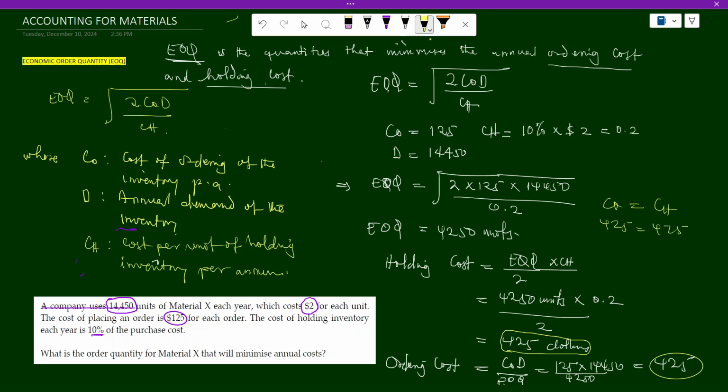And that is why I stated earlier that the economic order quantity is the quantity at where the ordering cost and the holding cost are equal or the same. And so for this example, we found out that the economic order quantity is 4,250 units, and the associated holding costs and the ordering costs are 425 US dollars.